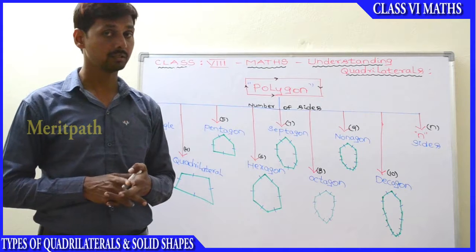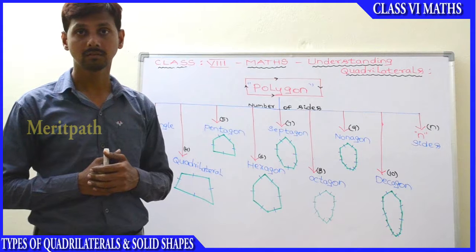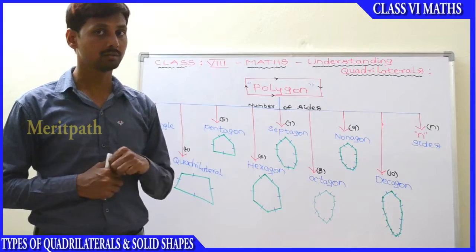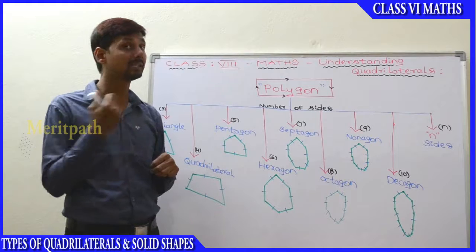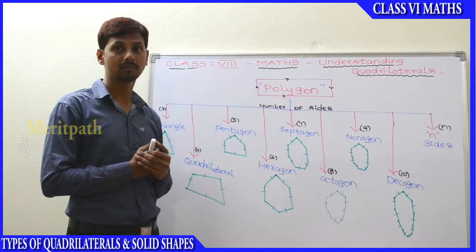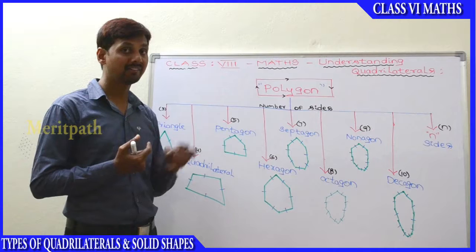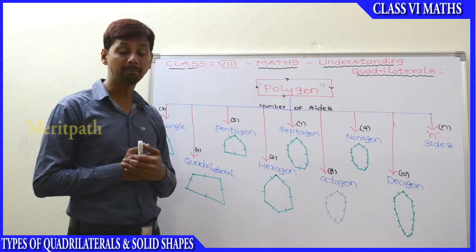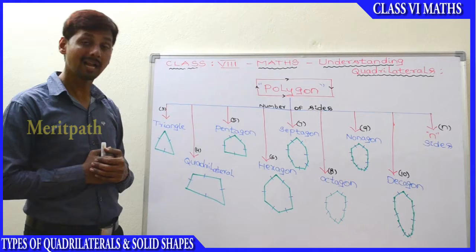A polygon drawn with 3 line segments is called a triangle. Minimum 3 sides, 3 line segments we use, and it forms a closed figure. If it has 3 sides, we call it a triangle.